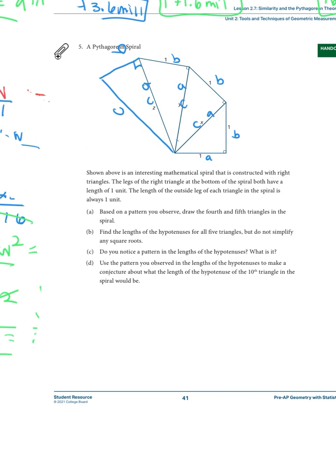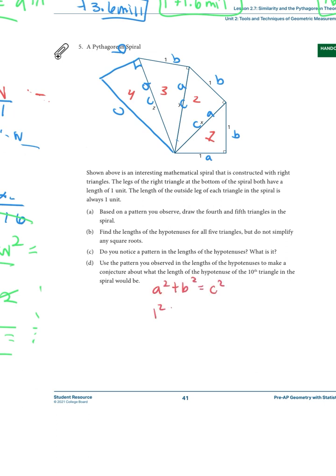Part B says find the lengths of the hypotenuse for all 5 triangles, but do not simplify any square roots. So I'm only going to do the first one with you guys. If I try to find C for this, we're going to say this is triangle number 1. This is 2, this is 3, this is 4. So if I'm trying to find the hypotenuse, or my C, for triangle 1, I'm going to do A squared plus B squared is equal to C squared.